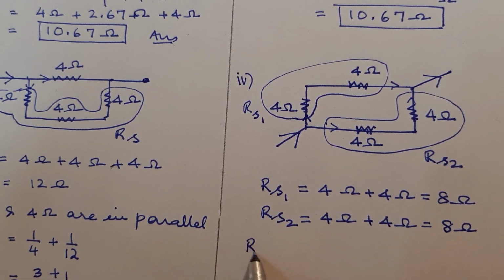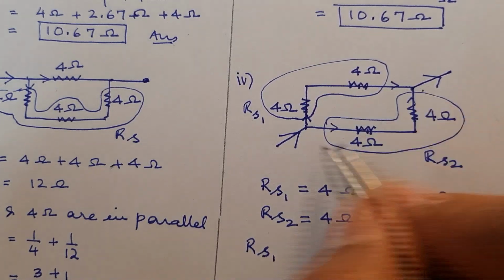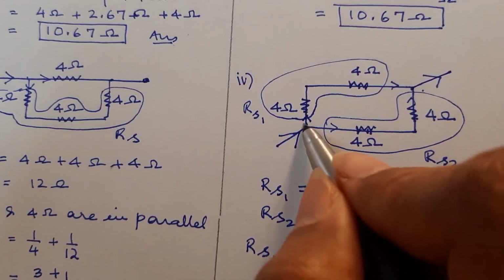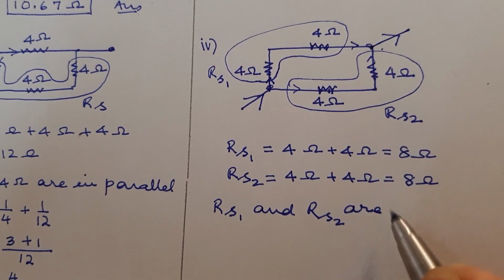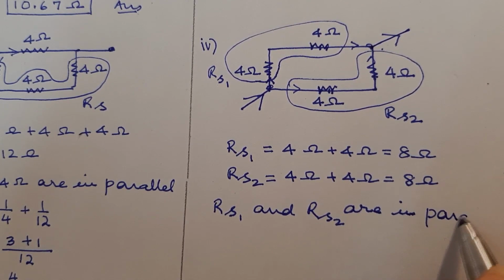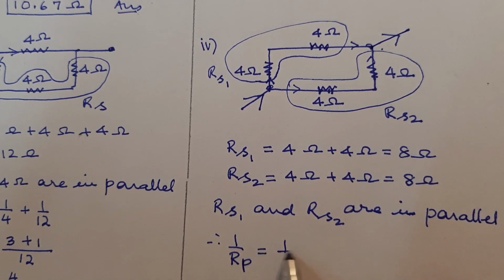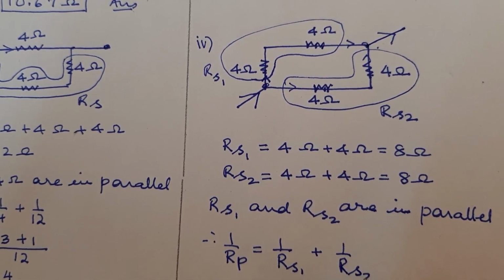And RS1, this branch and this branch, they are in parallel between these two endpoints. So RS1 and RS2 are in parallel. Therefore, 1 upon Rp is equal to 1 upon RS1 plus 1 upon RS2.